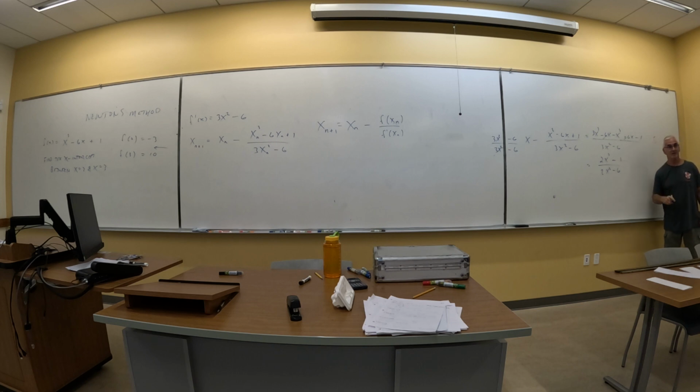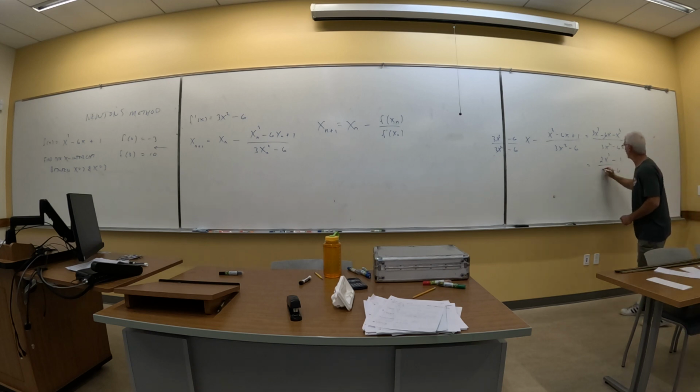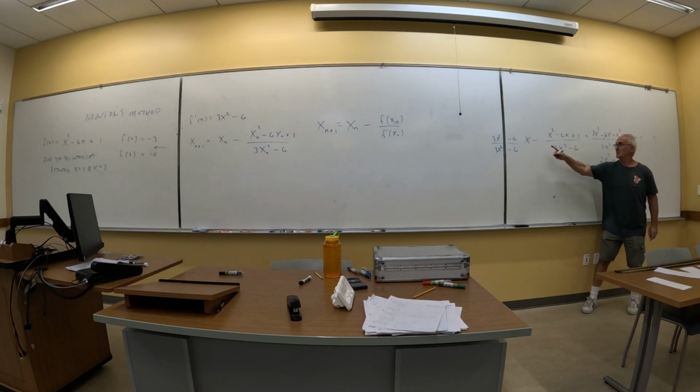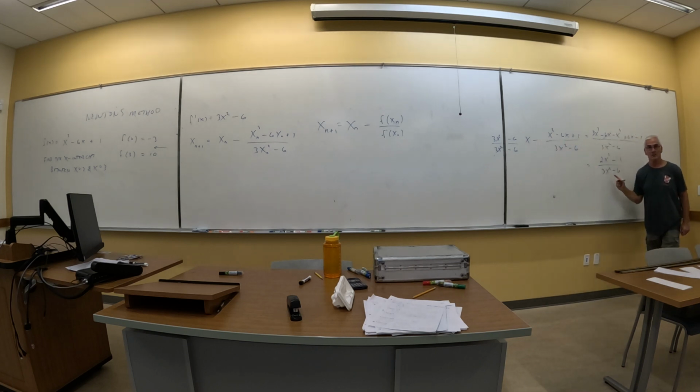Isn't it 3x squared on the denominator, not 2x squared? Denominator. Oh, thank you. Yes, sorry. I have a 3x squared. Well, absolutely this was correct. This is way simpler, isn't it? Less stuff.